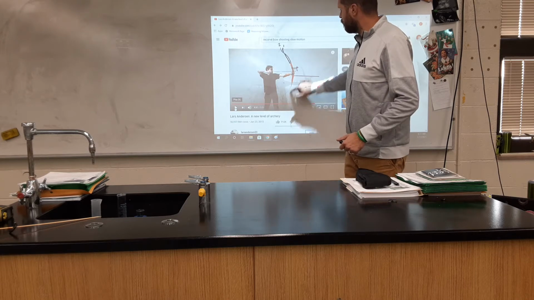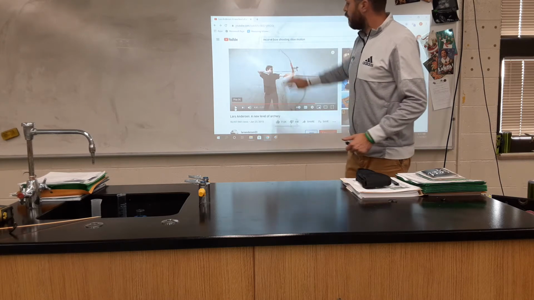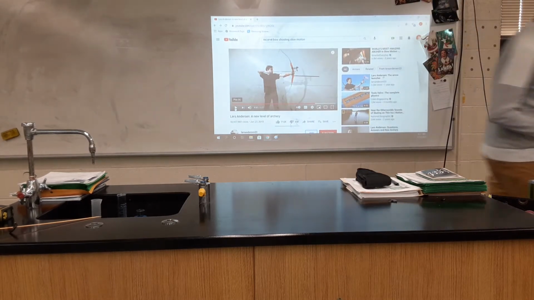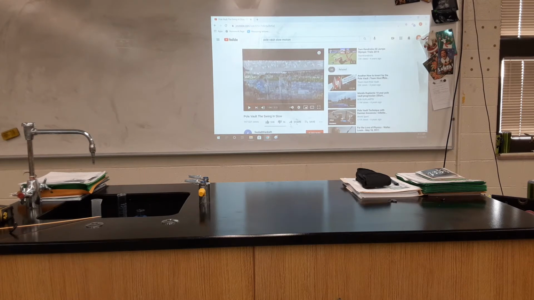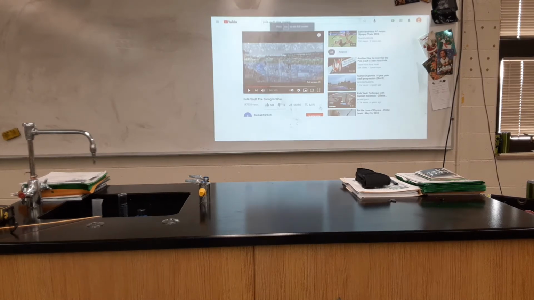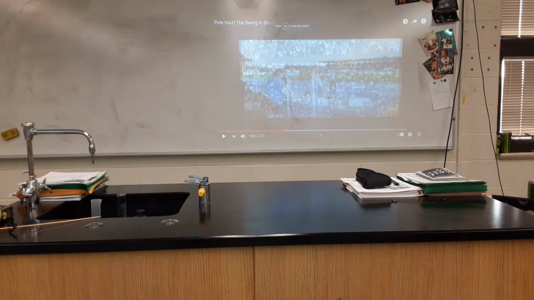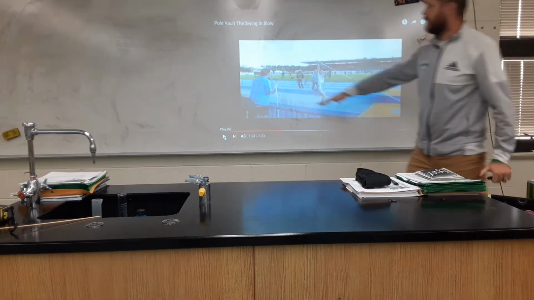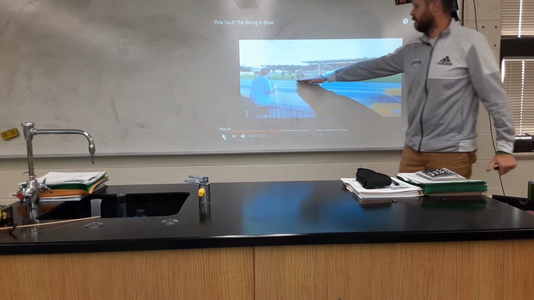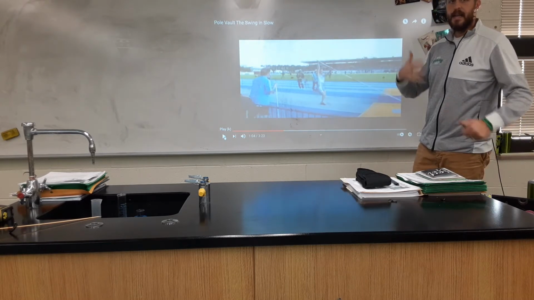Another good example of elastic energy is pole vault. Here we have a slow motion video. The vaulter has run down the lane, so he's got kinetic energy.